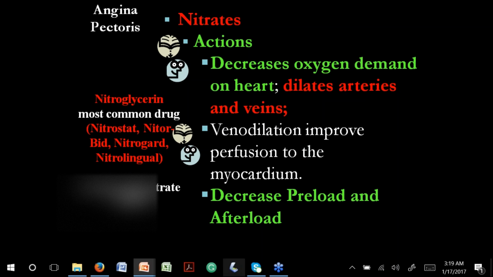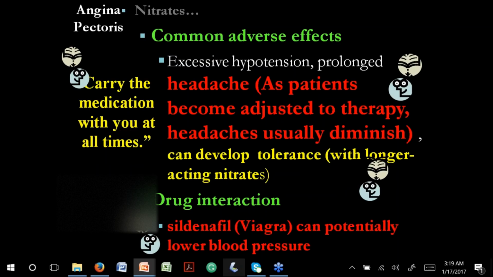So that volume is going to decrease, and it also decreases the afterload. What is afterload? Afterload is not volume. Afterload is how strong the ventricle has to contract. So that is the afterload.